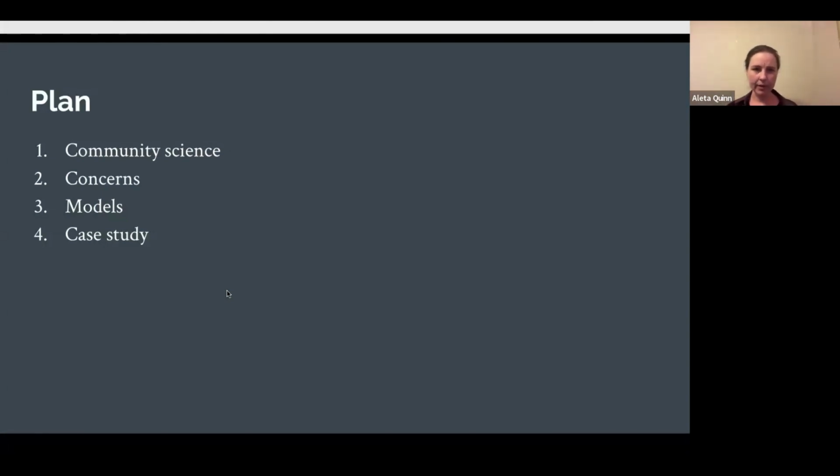At that point, I will introduce some models, ways of thinking about community science, and there will be models of thinking about the functions of objectivity within the phenomena of community science, because that is centrally related to the concerns that I'll be discussing.